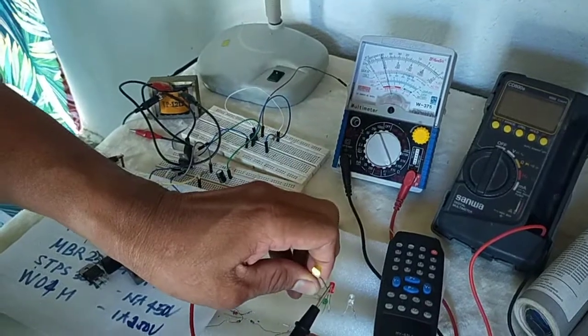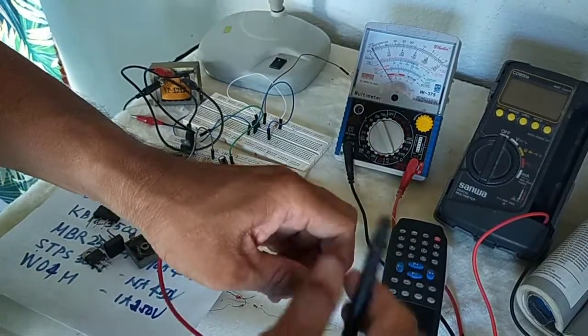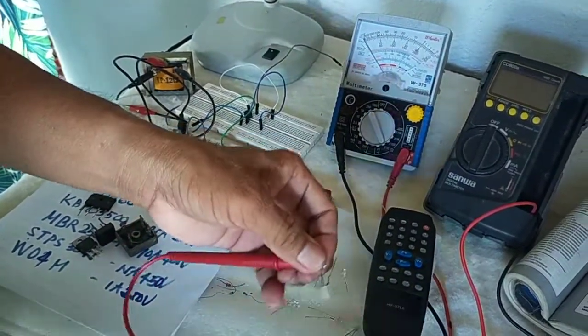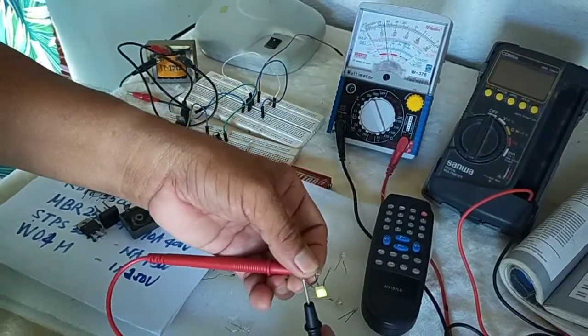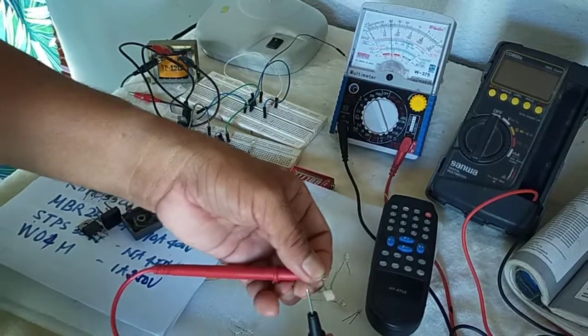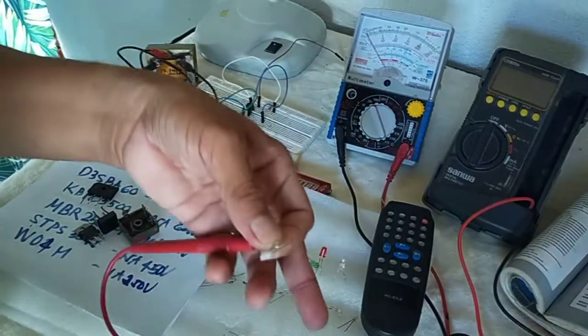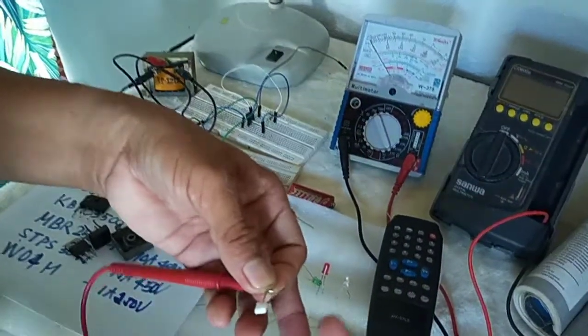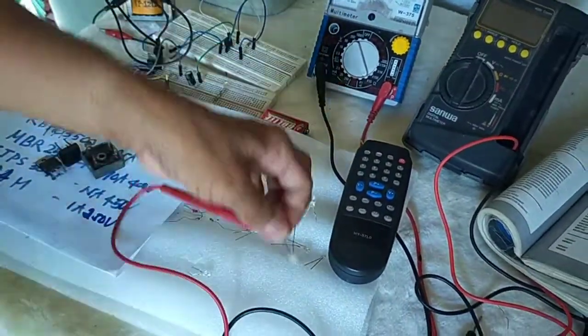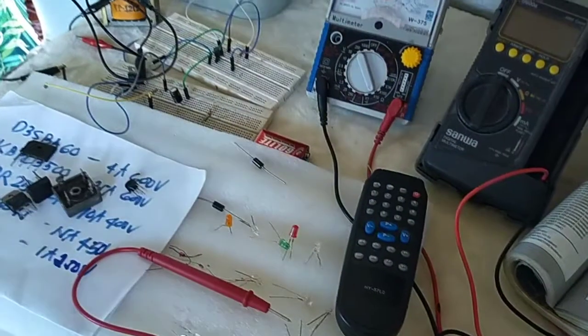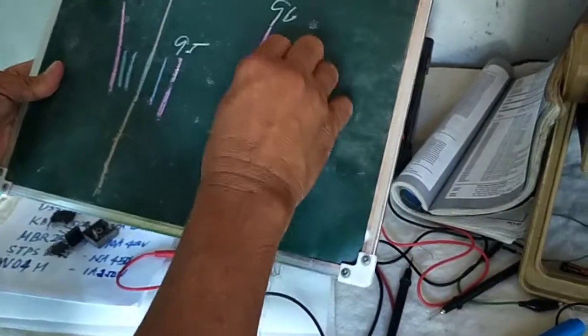It gives light green. But on this side, red. On this side, green. So, the two cathodes are connected together. Anode, anode. Then the two cathodes. Because it goes like this. It goes like this.